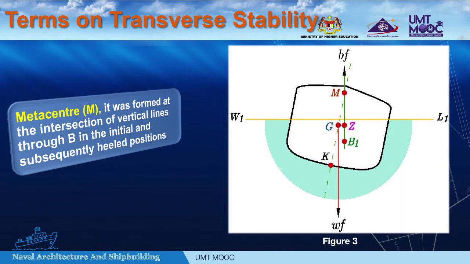With respect to that figure, which is snapped from animation 1, the definition of the metacenter is the point that is formed at the intersection of the vertical line through B in the initial and subsequently heeled position. Further detail of the metacenter will be explained in the second objective of this course later on.